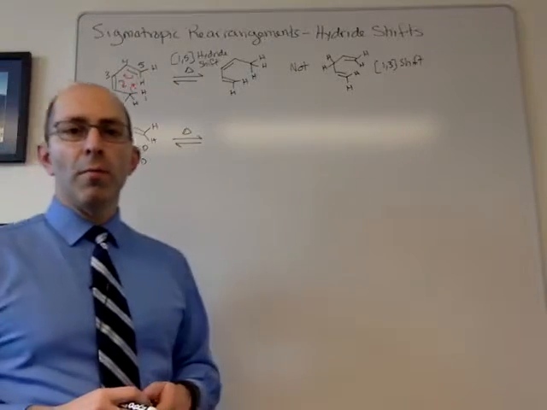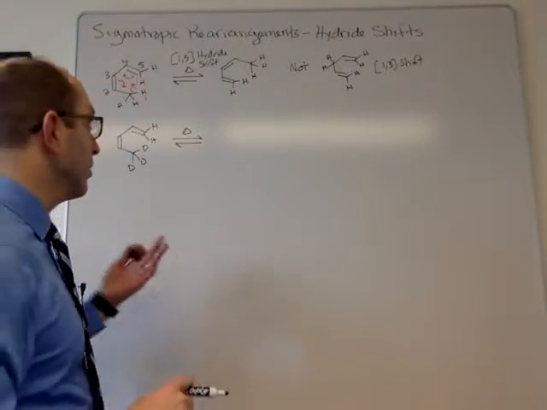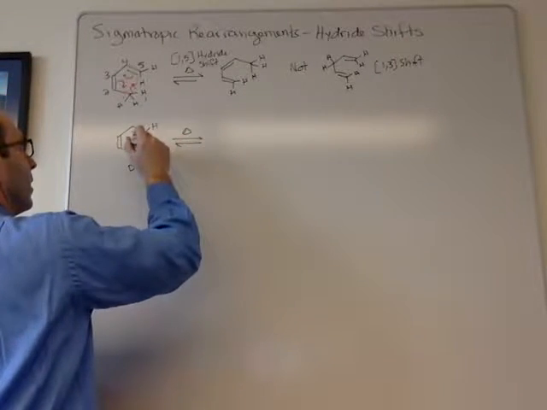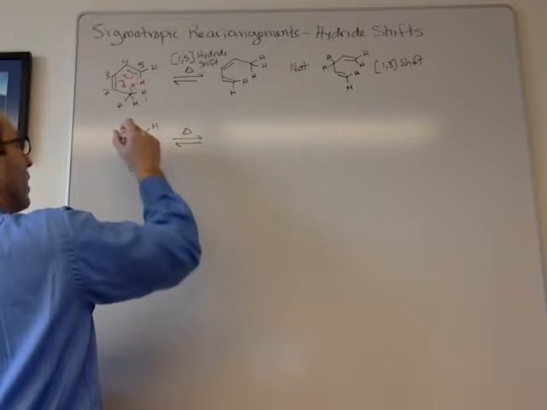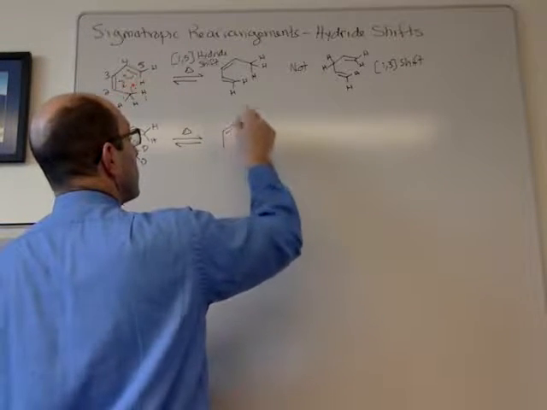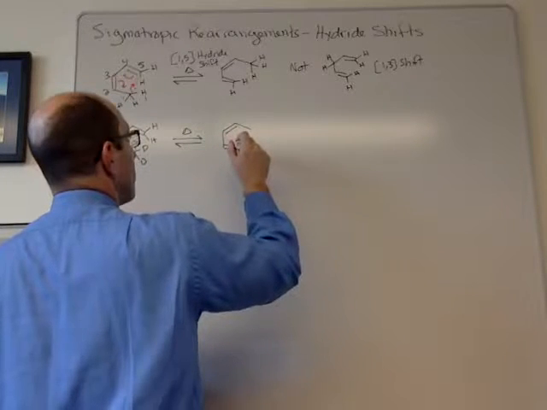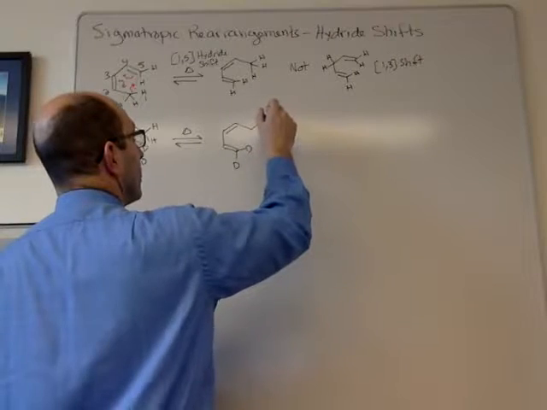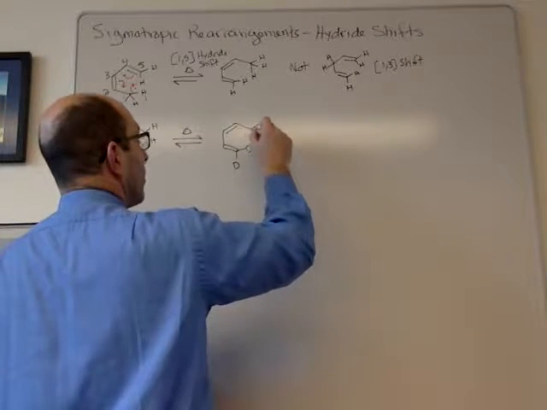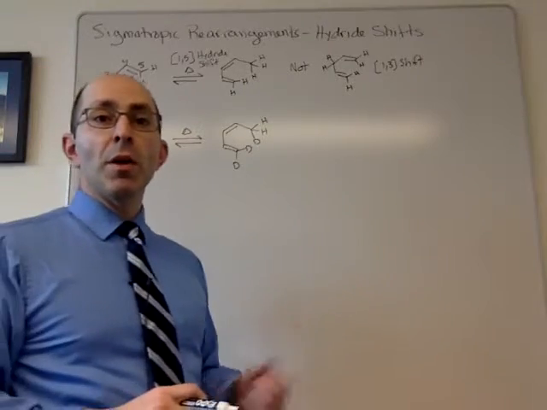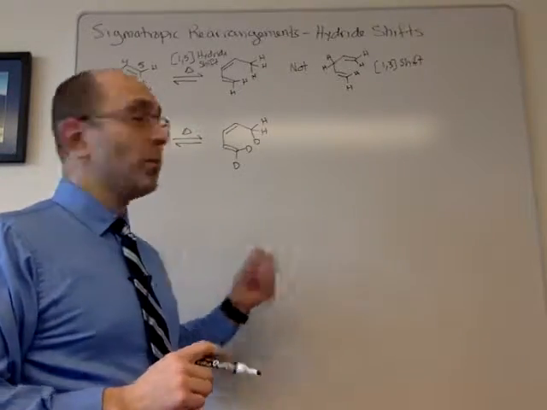Heat that molecule up, and you'll see that the deuterium actually moves, and you can see this very easily by NMR, so that we're going to make that bond and do the exact same process that we've illustrated above. And you can see that the deuterium moves from one methyl group to the other, and you get scrambling of the deuterium, right? So that is the way that we tell this is going on.